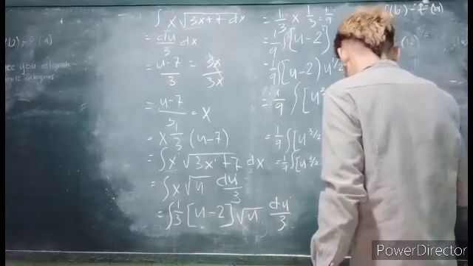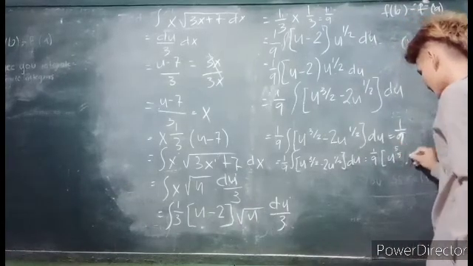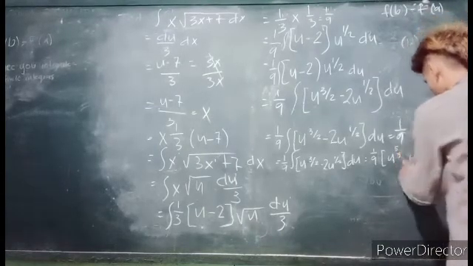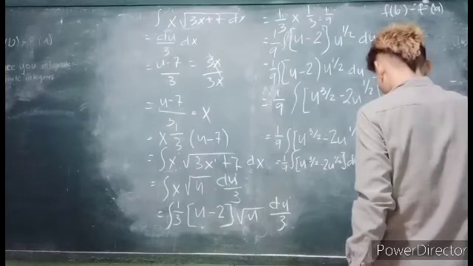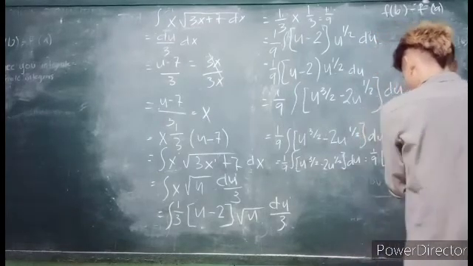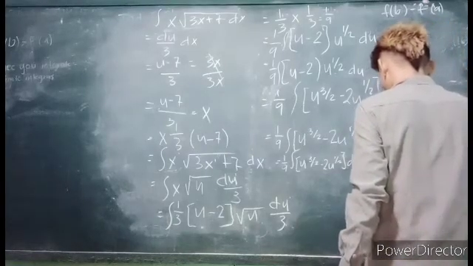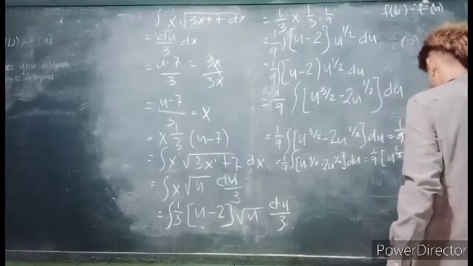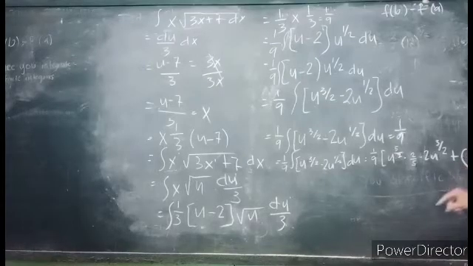So u over 5/2 times 2/5 minus 2 times u to the 3/2 times 2/3 plus c. Ito na yung hinihintay natin, yung may plus c na.